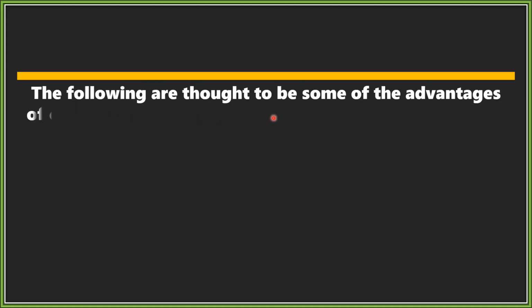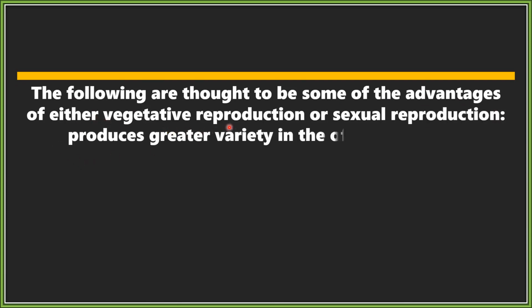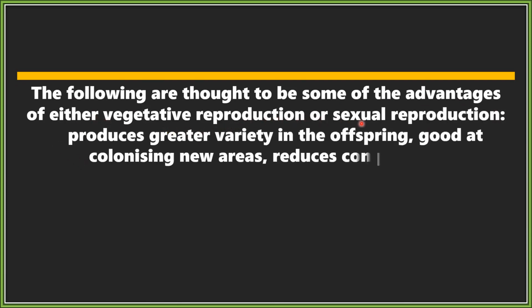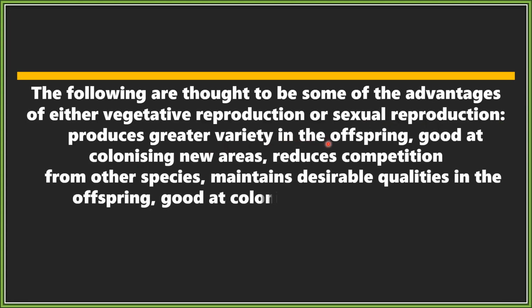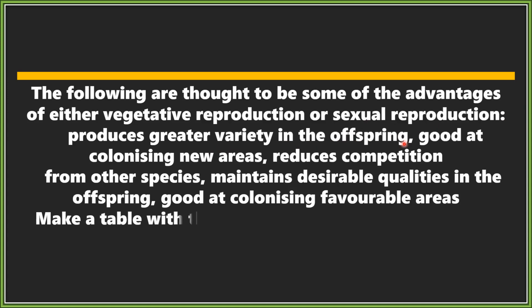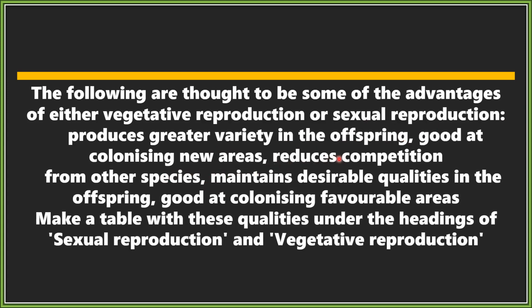The following are thought to be some of the advantages of either vegetative reproduction or sexual reproduction. Produce greater variety in offspring. Good at colonizing new areas. Reduces competition from other species.